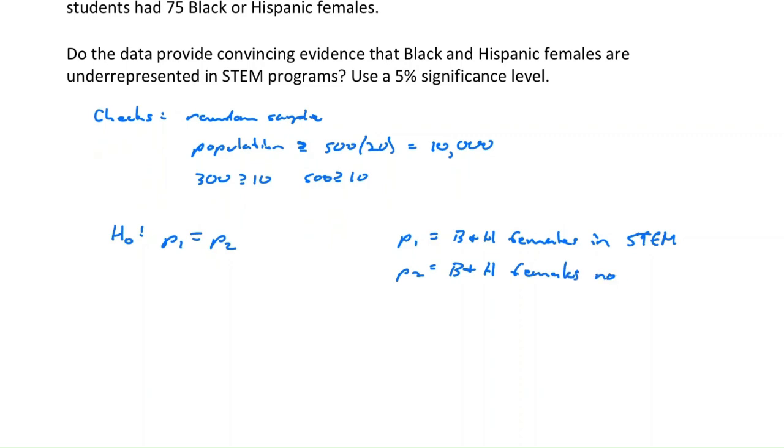So using those then, our alternative is, again, is there convincing evidence that they are underrepresented? So in this case, is P1 less than P2 is kind of our question. And again, we could switch that around if we wanted to.